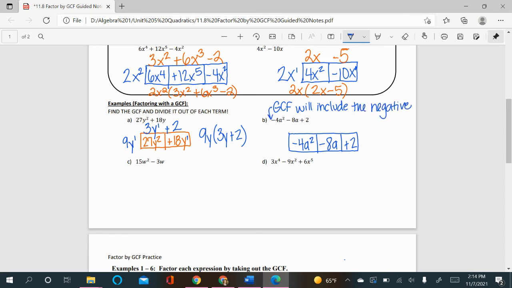So from there, now, 4, 8, and 2 can all be divided by 2. But because this number is negative, I'm going to make it a negative 2. And then this has an a squared, and that has an a, and this one does not have an a. So since it does not have an a, then I do not have a GCF as far as my variables go. It is only the -2.